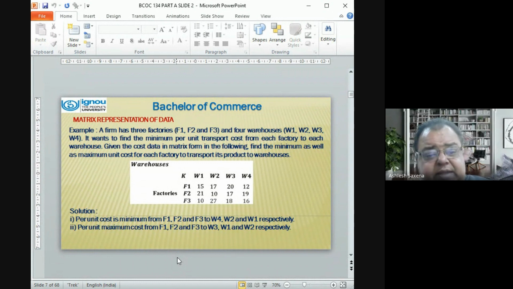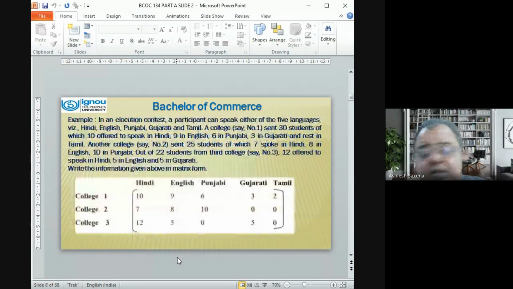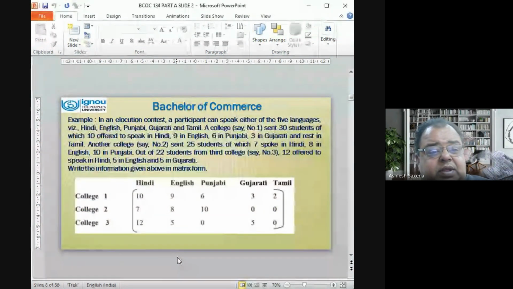This is what we can see from the data. Data has been converted into a matrix form. That means from three factories to four warehouses. Now we have to convert this information into a matrix form.